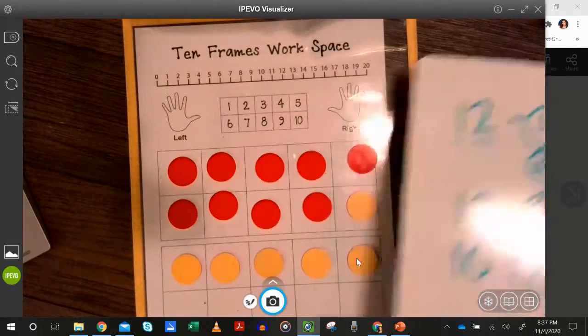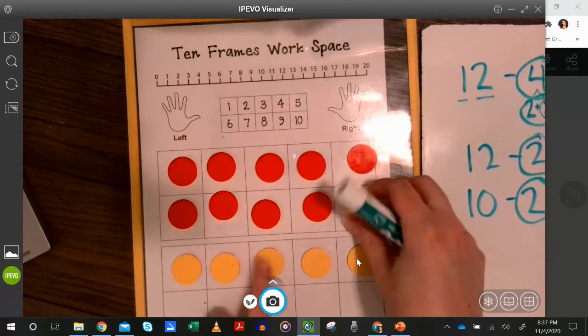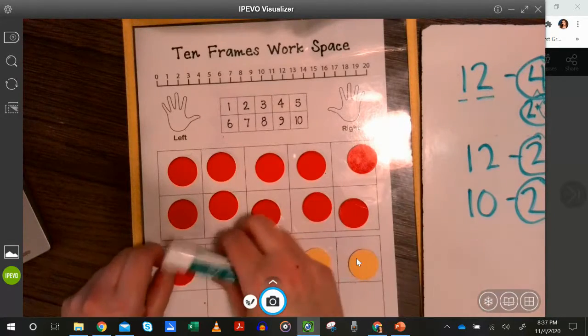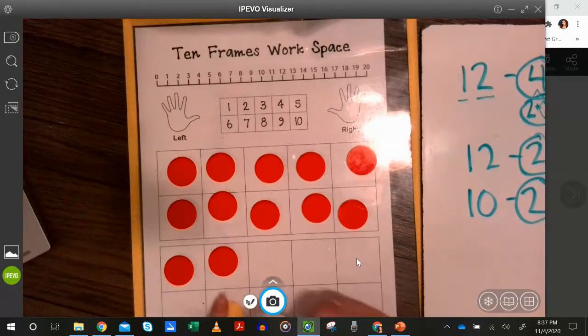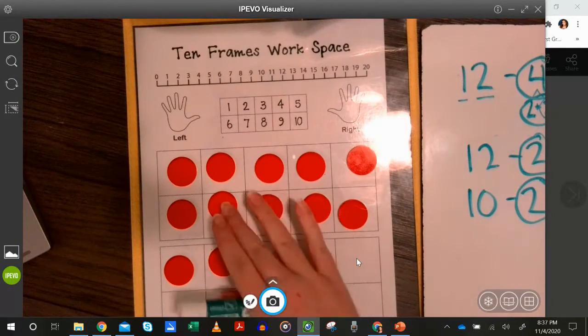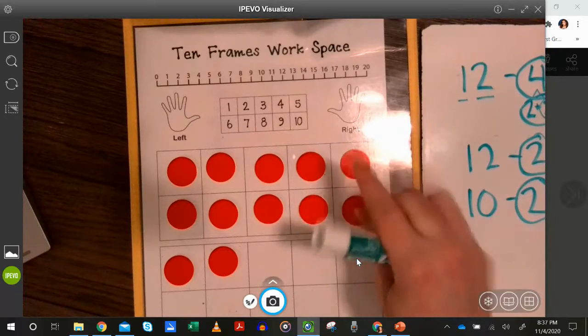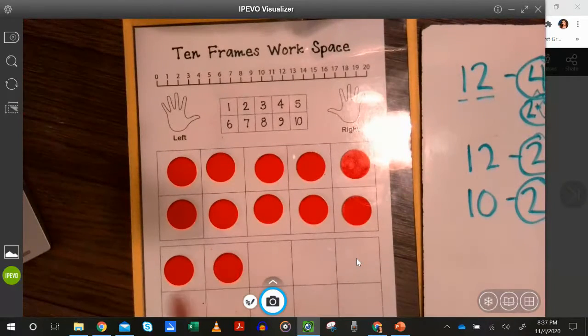Let's look at that here and see if it works the same way. Okay. So what I started with was 12, a group of 10. There's my group of 10 and 2 more. A group of 10 and 2 more is 12.